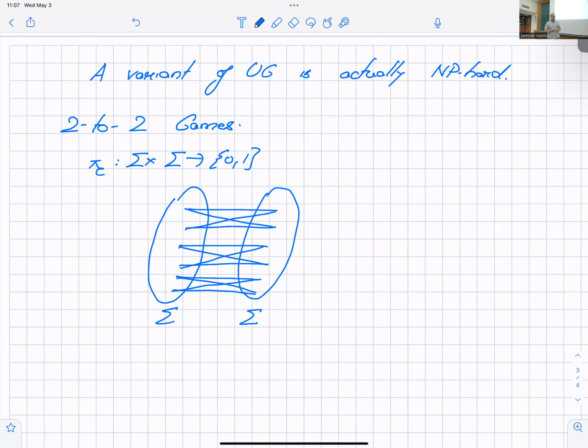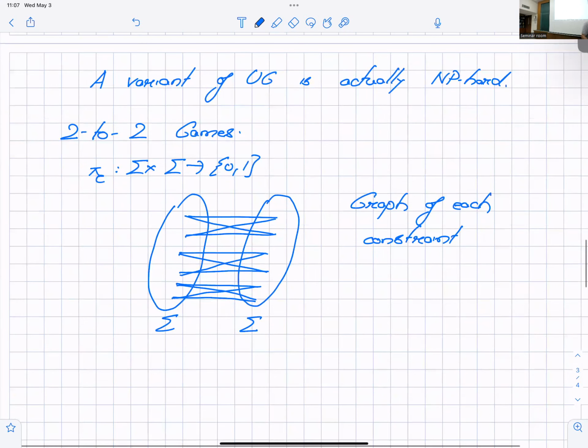So the graph of each constraint E is a union of even cycles. But of course, the picture I drew is even more specific than that.